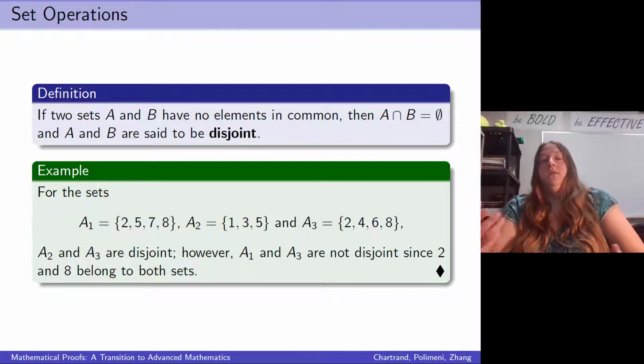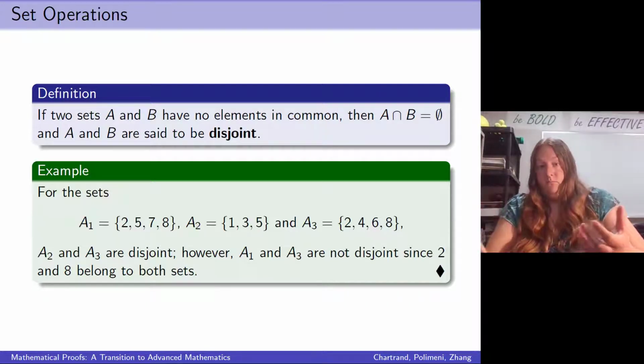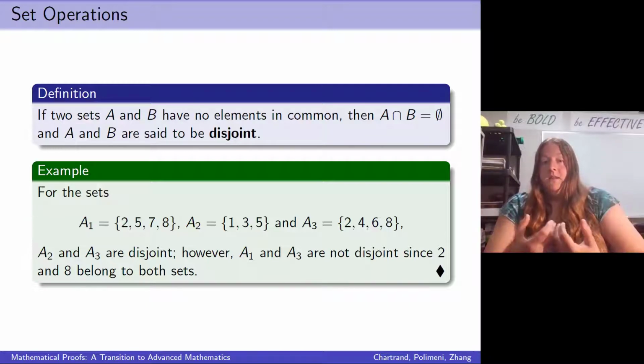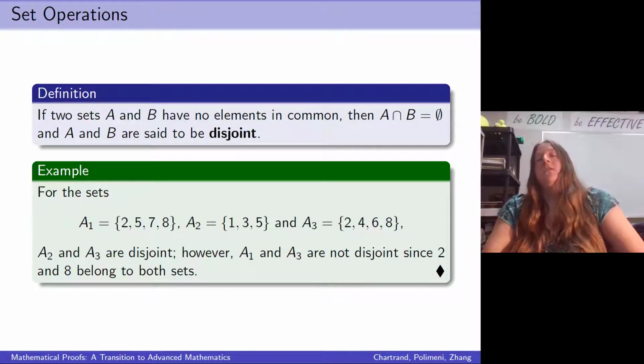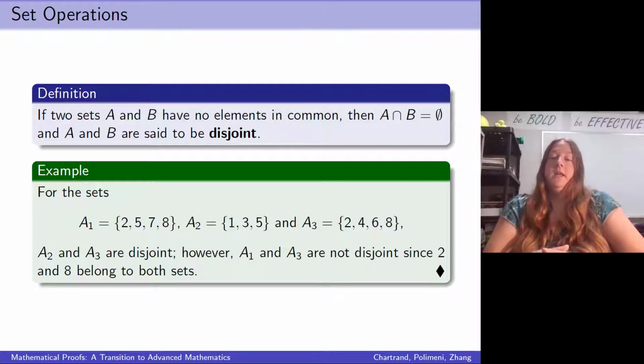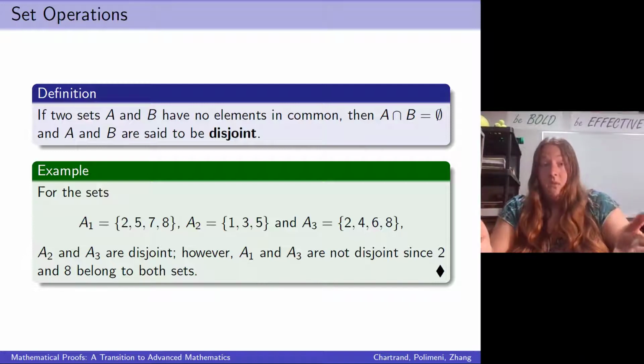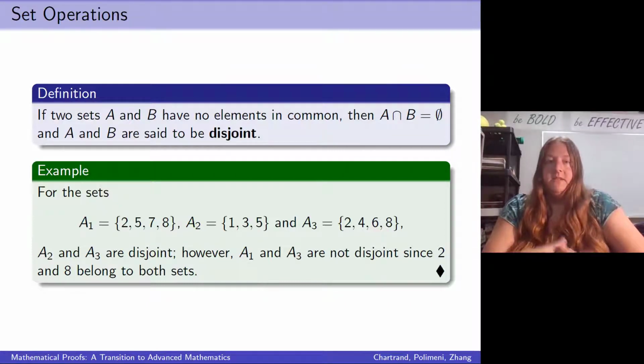So all of the residents of Colorado and all of the residents of Oregon, that intersection is empty. There's nobody who is a resident of both Colorado and Oregon. So we say that those two sets are disjoint. So that's one of the things that we can do. We can test to see if sets are disjoint. This matters a lot in statistics and probability when we're thinking about how probable it is that something will happen.